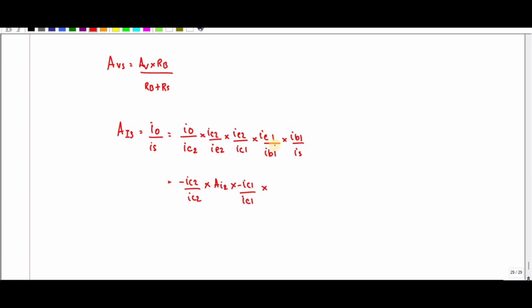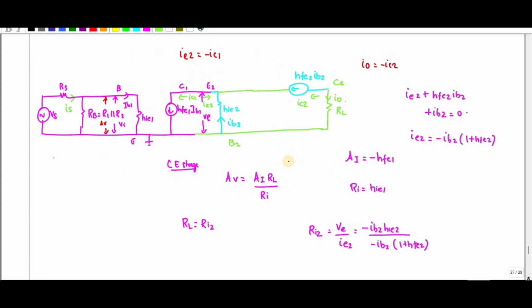So this is nothing but IC1 divided by IB1, which is AI1, and what is IB1 divided by IS? So IB1 is nothing but IS into the opposite resistance. Opposite resistance is RB, right?